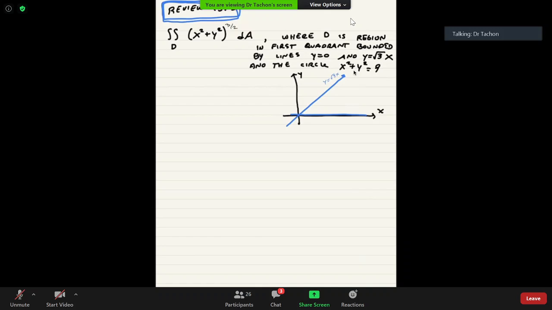All right. And this is a circle in the first quadrant, so we want the first quadrant circle, okay? And the radius of the circle is 3 because it's x squared plus y squared equals r squared. Okay, so the radius is 3.